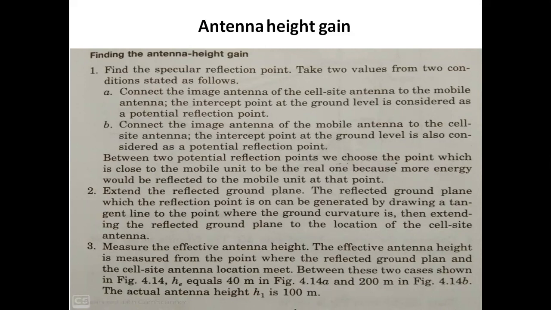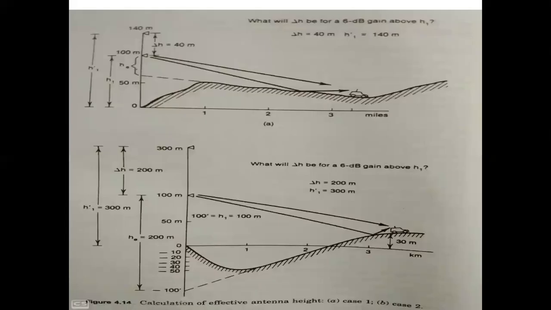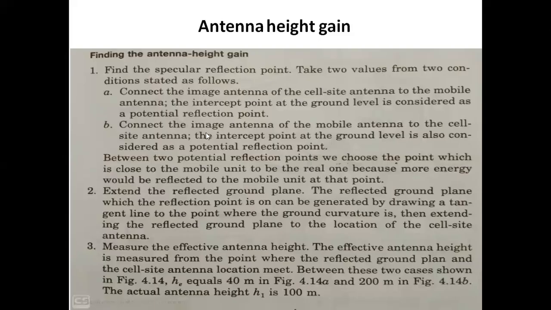So how can we measure the effective antenna height? The effective antenna height is measured from the point where the reflected ground plane and the cell site antenna location meet. By the use of that, we can find the effective antenna height.